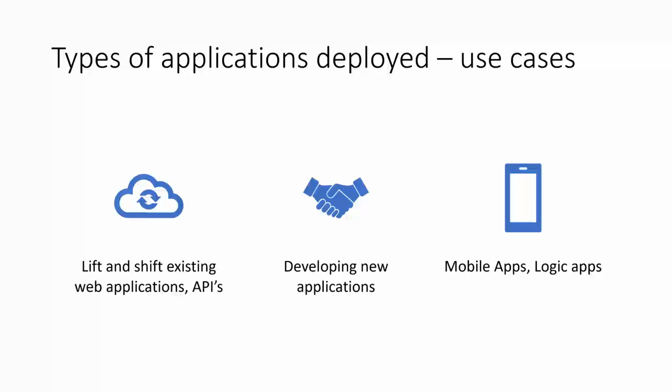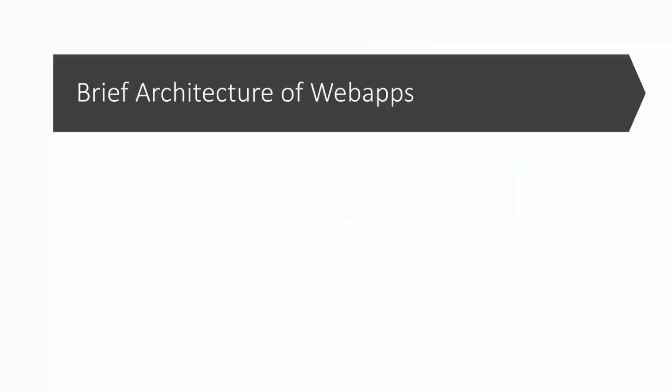For any smaller companies where there is no dedicated infrastructure team, the developers prefer to develop applications and use web apps for deployment, as it takes care of setting up the infrastructure and the front-end domain for any of these web-based applications. Thirdly, mobile applications and or logic apps, which rely only on logic to complete a set of programs, are some of the best use cases for Azure DevOps.